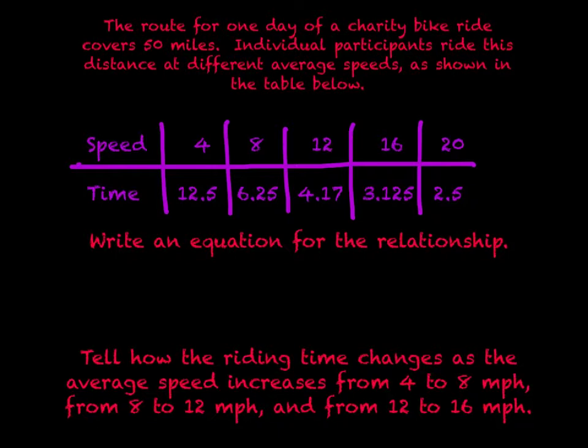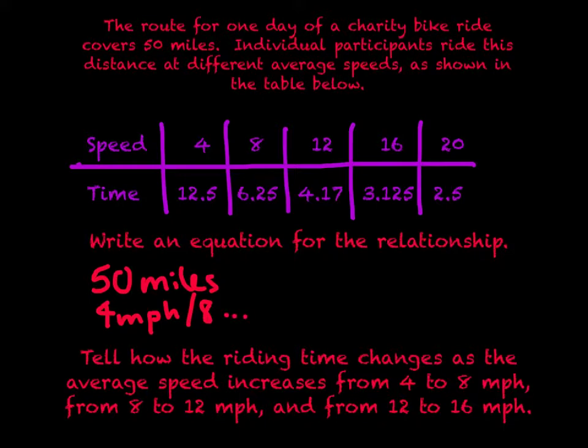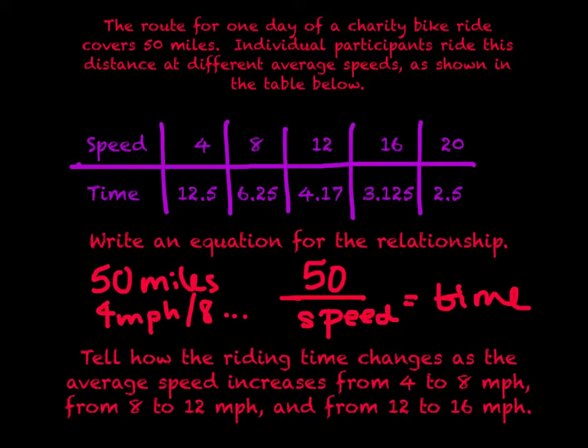So we need to write an equation for this relationship. So let's think about it. We have 50 miles to travel. Our speed is the thing that's really changing. So 4 miles per hour or 8 and so on. And then we come up with a time. So if we were relating that, 50 miles divided by the speed, we would get our average time that it would take.